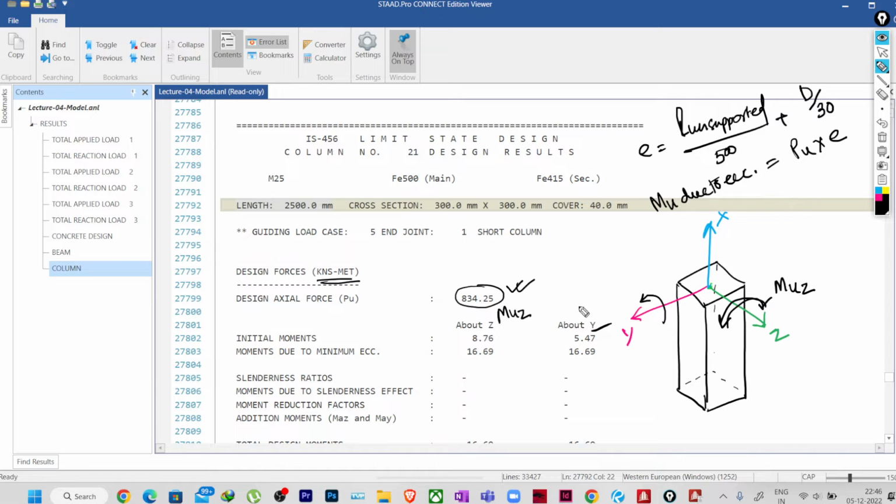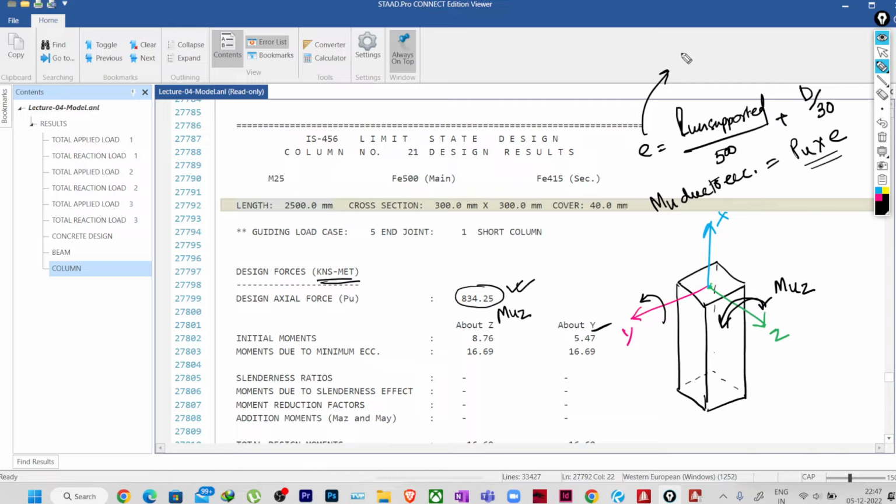So now for this we also know that the minimum eccentricity, whatever value we have got, suppose it is some value of 14, so whatever value we are getting, we need to compare with another value which is 20. So whichever is greater, okay, that we need to consider. If it is less than 20, then we need to consider the eccentricity, sorry, not this one actually, not this value, I'm talking about this value, okay.